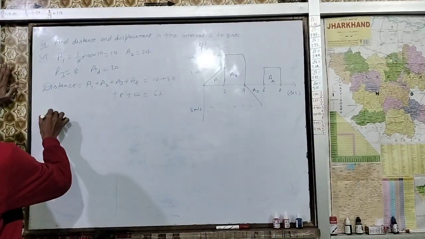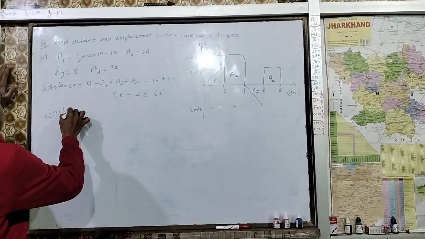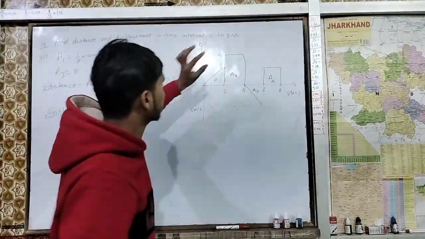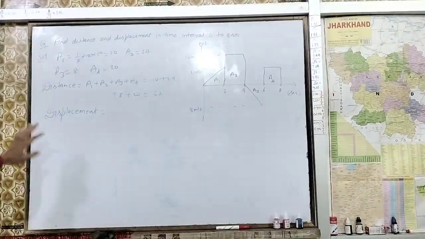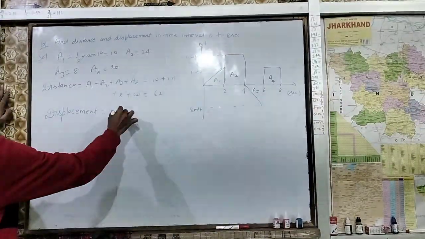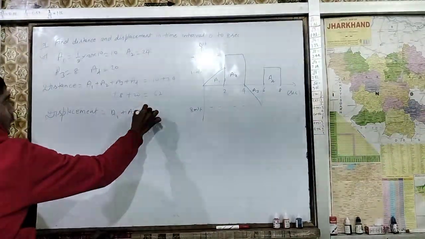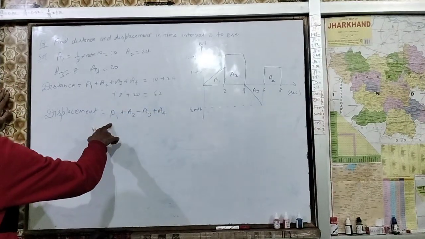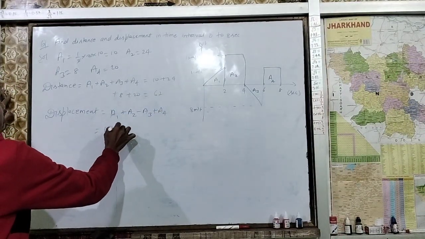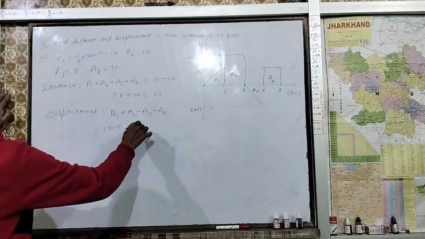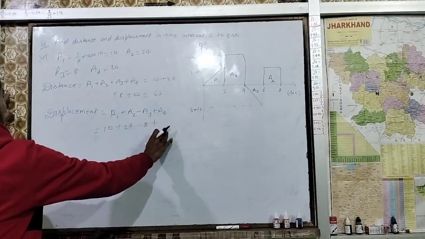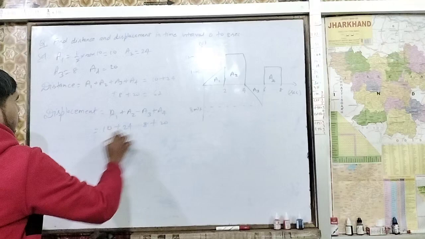Now, when it comes to displacement, it is a little bit different. First of all, this is increasing. Whatever is positive, we will add. A1 plus A2 minus A3 plus A4. The value for A1 is 10, A2 is 24, minus A3 is minus 8, A4 is 20.